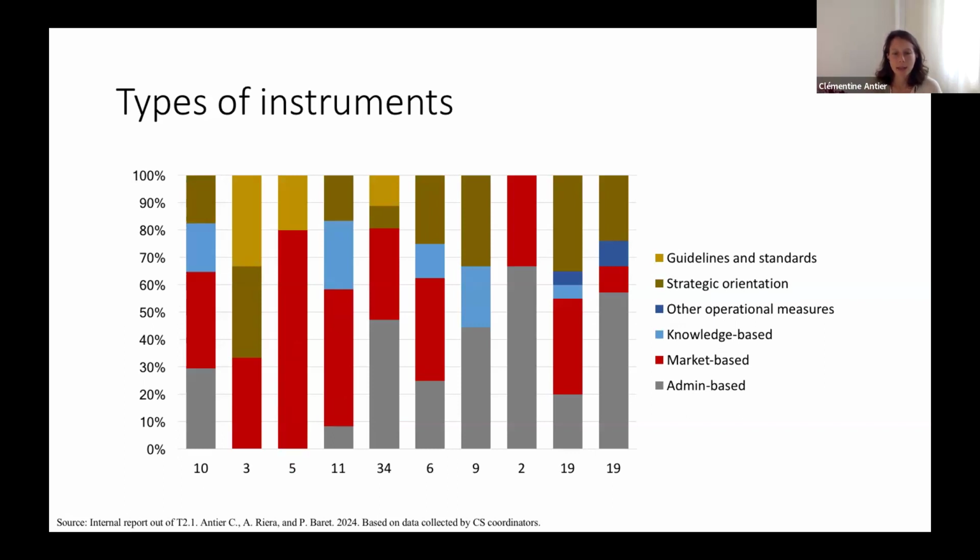And again, here it's quite contrasted, with knowledge-based policy instruments not being present in every case study, while market-based instruments, we find them in every case study, and admin-based are quite common as well.